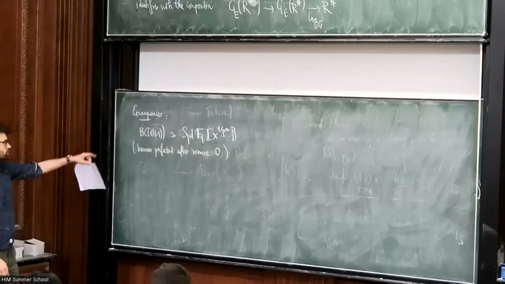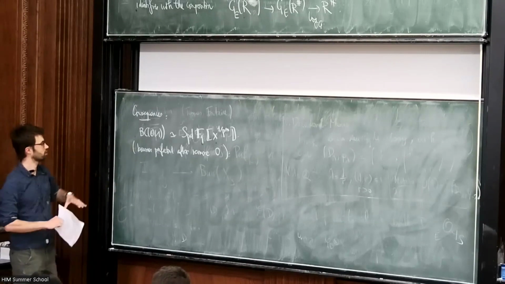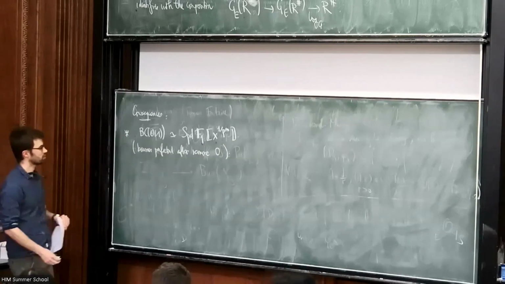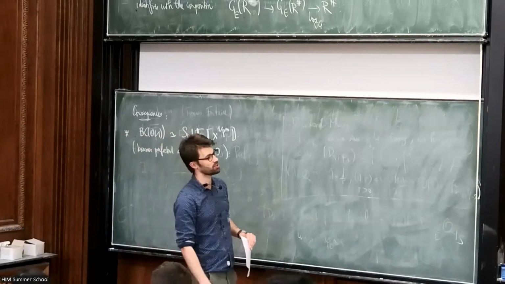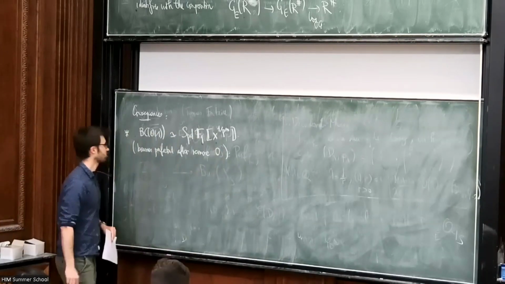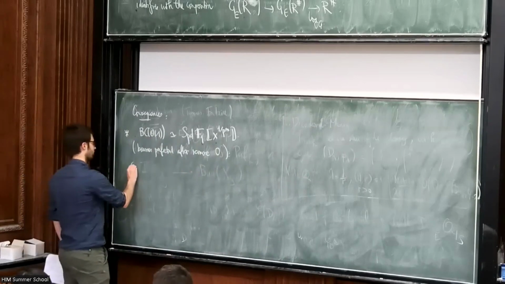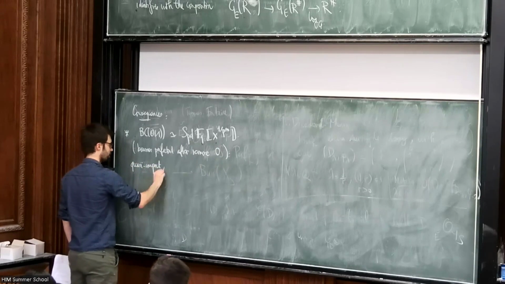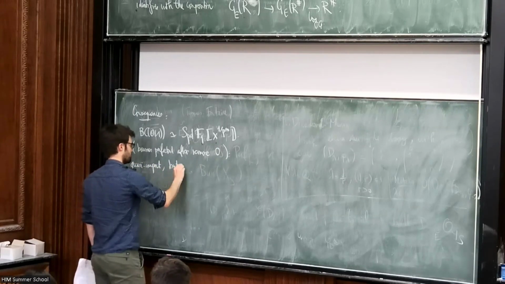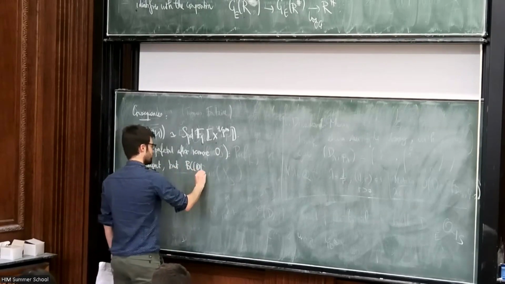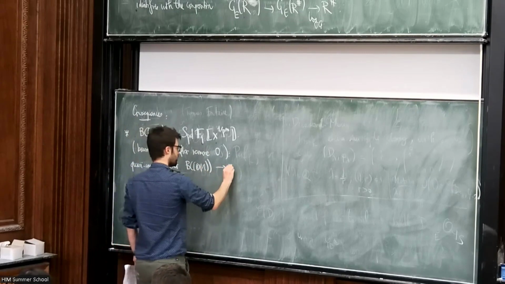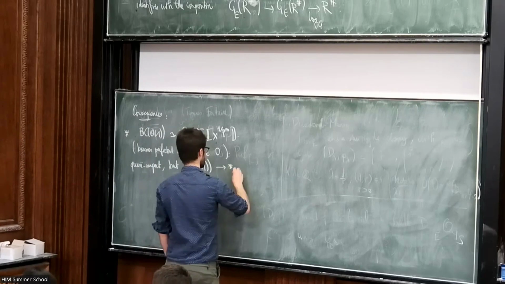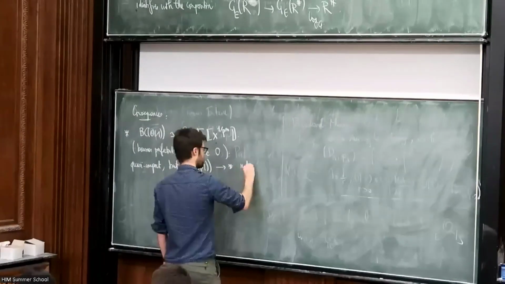And it also has an interesting feature, which I just want to note in passing, that some of the opposite phenomenon to what we saw for div1. So this one is quasi-compact, but the map from BC of O1 to the point is not quasi-compact.